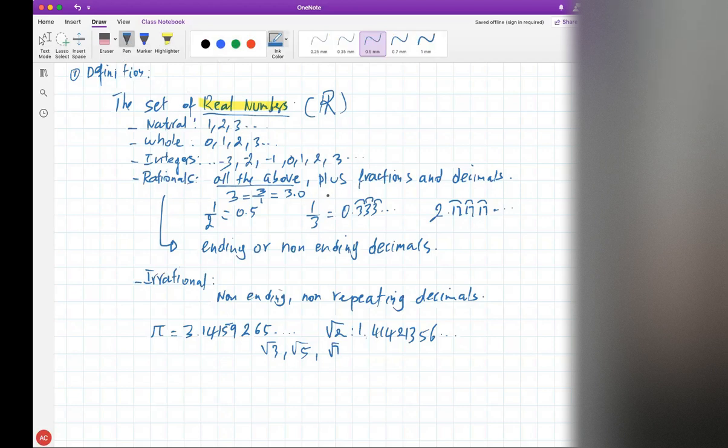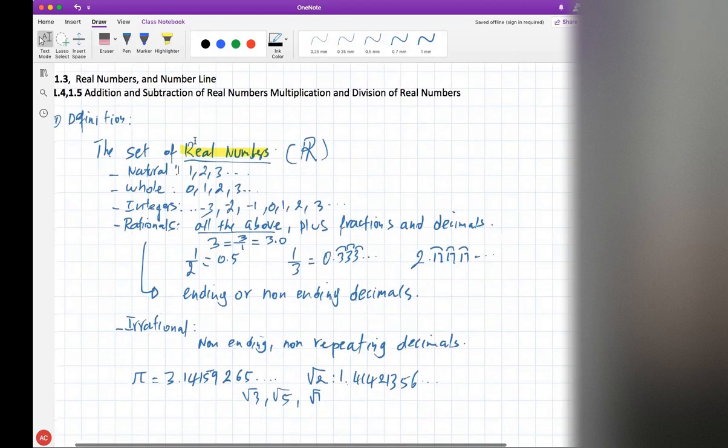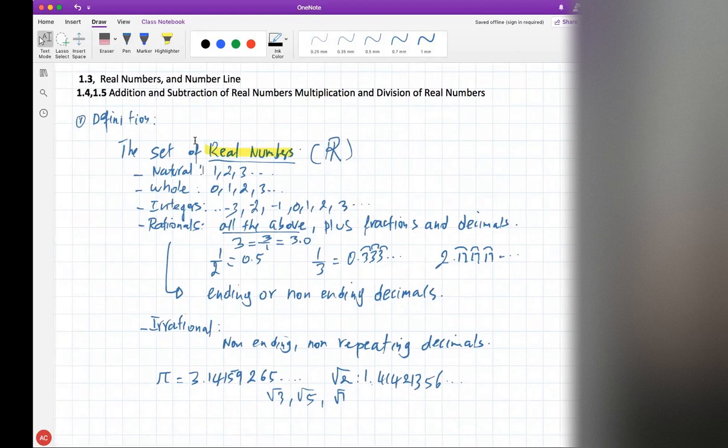So now that we know what rational numbers are, I mean, not only rationals, but what real numbers are, let's see how to work with them. Let's see how to do the various operations as I showed you earlier with different signs, what we call basically signed numbers.